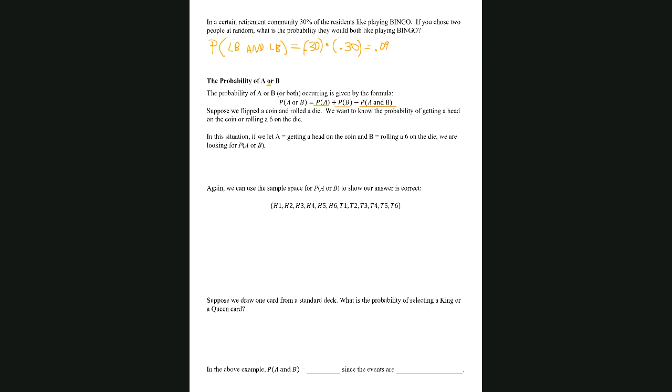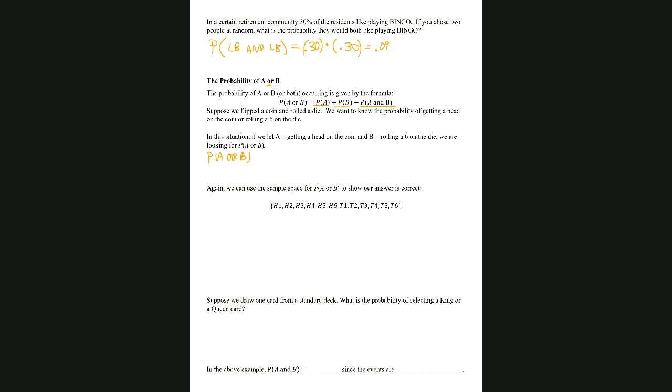So suppose we flipped a coin and rolled a die. We want to know the probability of getting a head on the coin or rolling a 6 on the die. So this is really the probability of A or B, with A being getting a head on the coin and B rolling a 6 on the die.